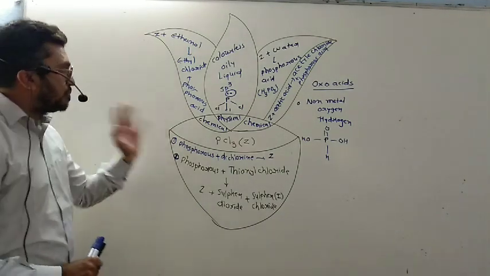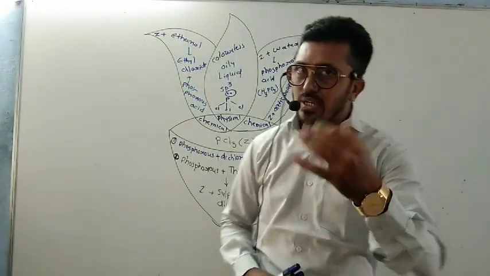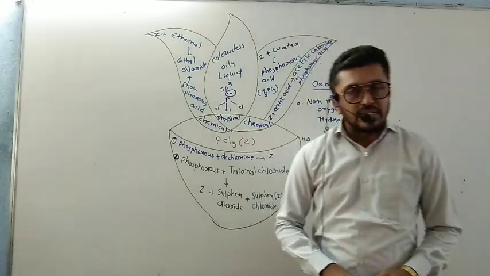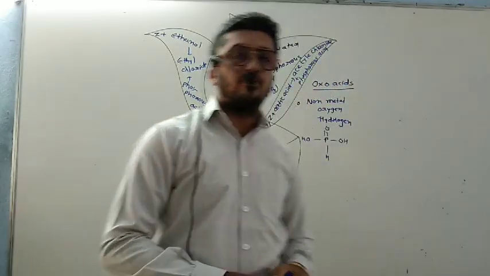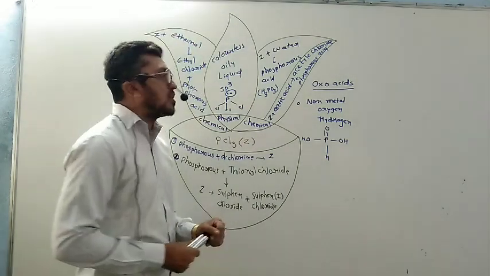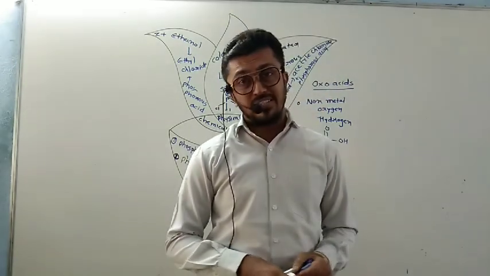So this is the chemical property of phosphorus trichloride. In today's lecture, dear students, we will study only one question, because the second one is PCl5 and the last one is oxo acids of phosphorus. Okay, so this is PCl3.